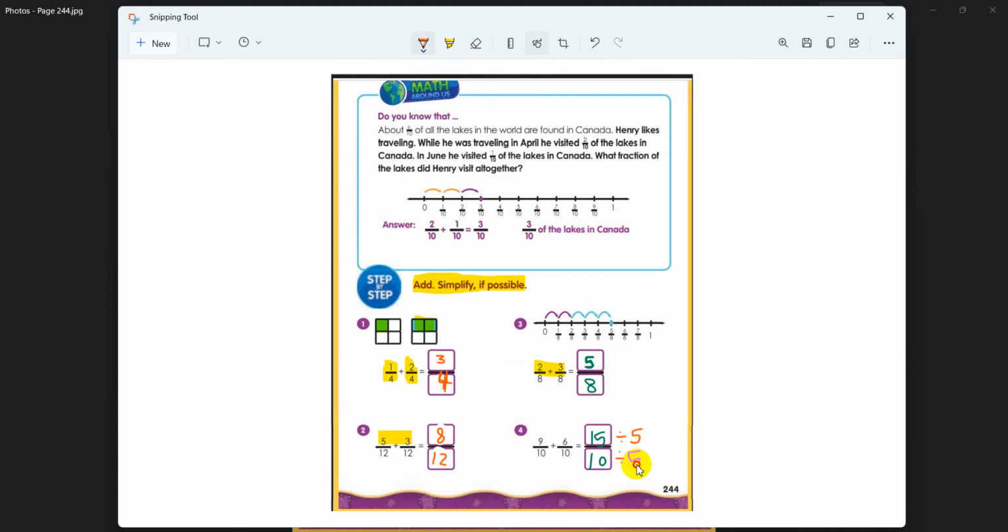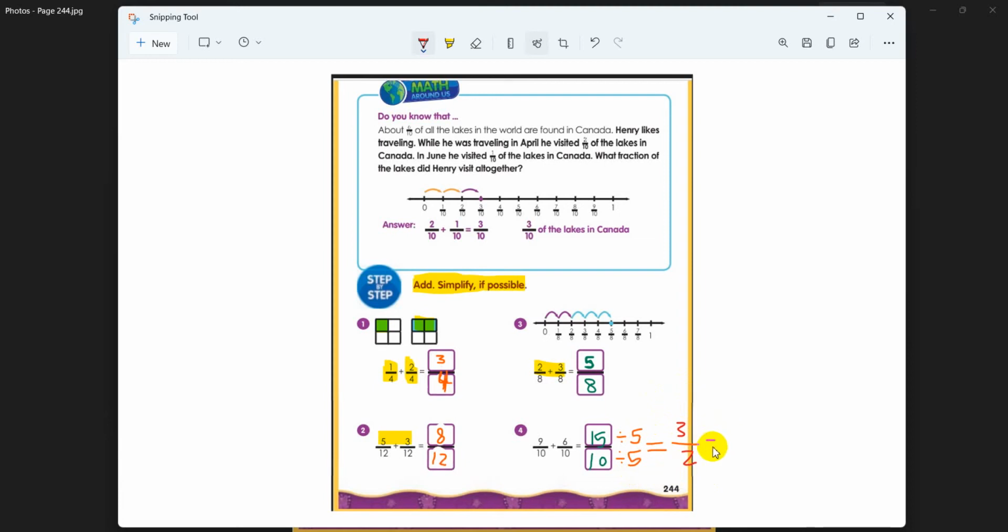We get the same fraction in simplest form: 15 divided by 5 equals 3, and 10 divided by 5 equals 2. So 5 is the greatest common factor for 10 and 15, and if we divide by it, we get 3 over 2, which equals 3 halves.